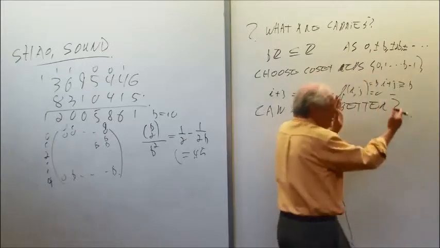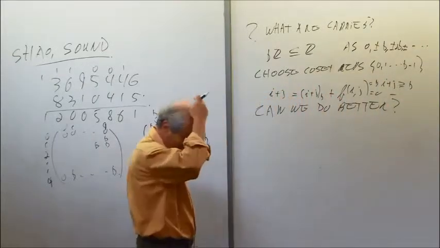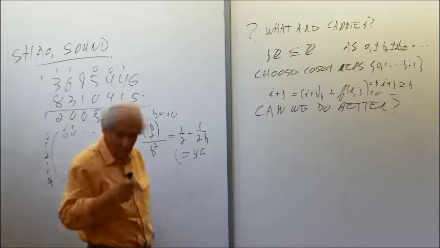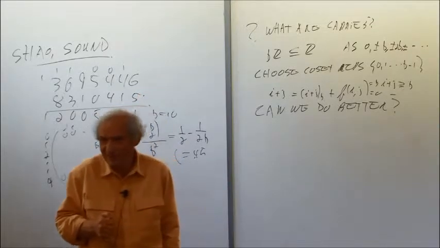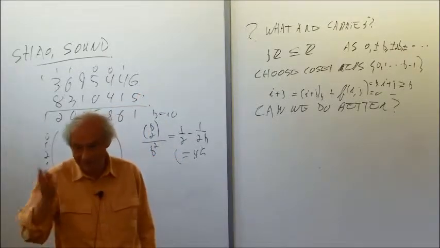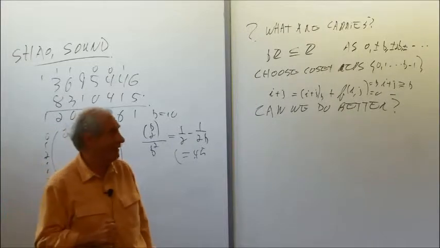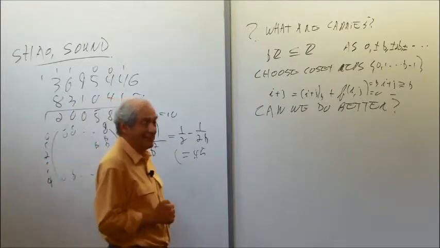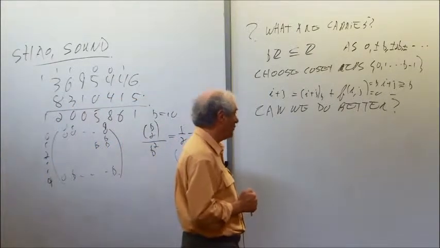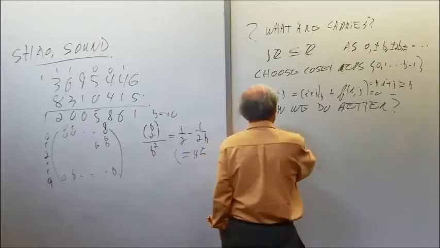And by better, I mean fewer carries in some average sense. My first reaction to that question was, it can't be, because otherwise we'd know. Well, it turns out people did know. Cauchy knew. People before Cauchy knew. The answer is yes.